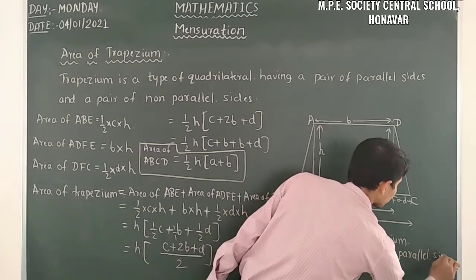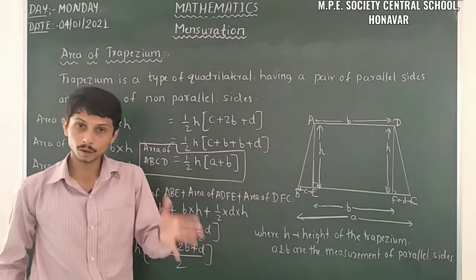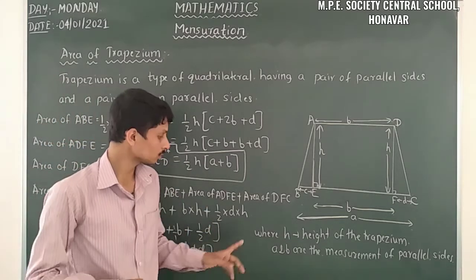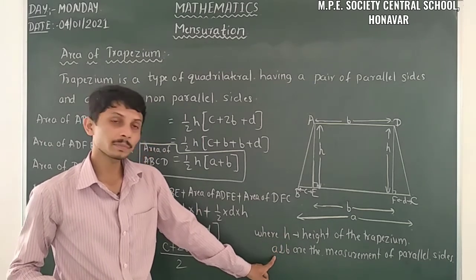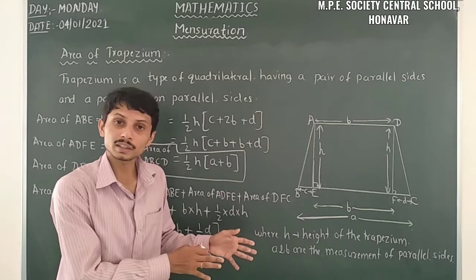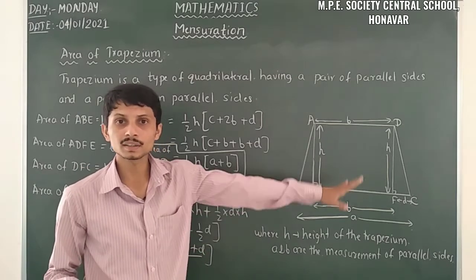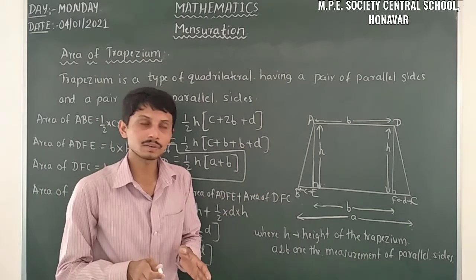That means in your problem, whatever measurements you have, just find out the height of the trapezium and the measurement of the parallel sides. These 3 quantities you have means you can find out the area of that trapezium. So another time I will tell you the same thing.